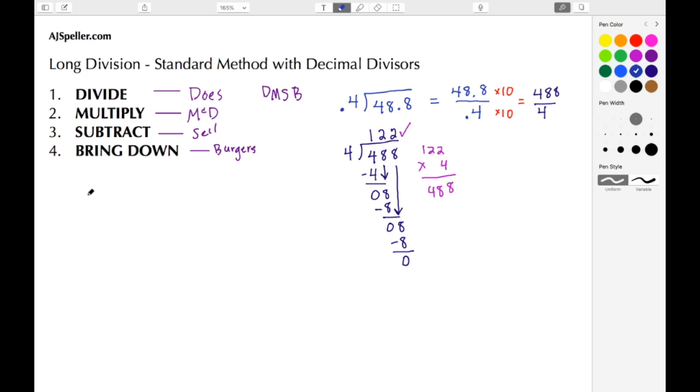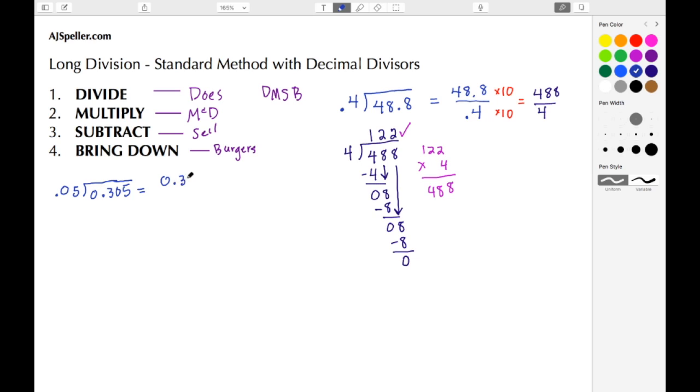Let's say this time our divisor is 5 hundredths and our dividend is 305 thousandths. So again, if I want to write that as its fraction equivalent, the dividend is my numerator.